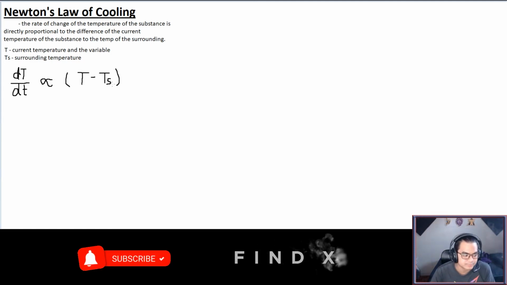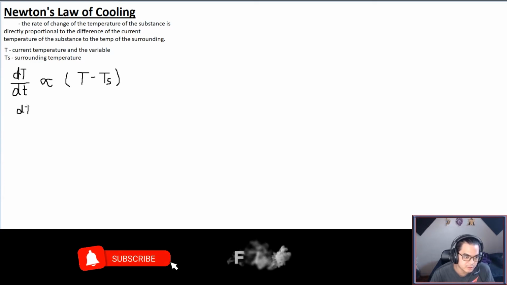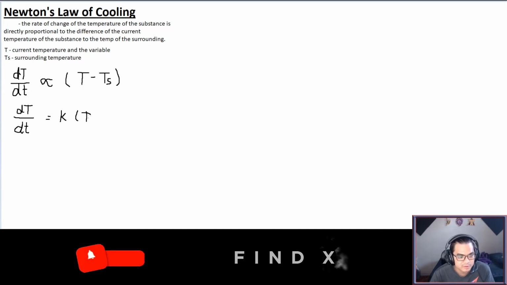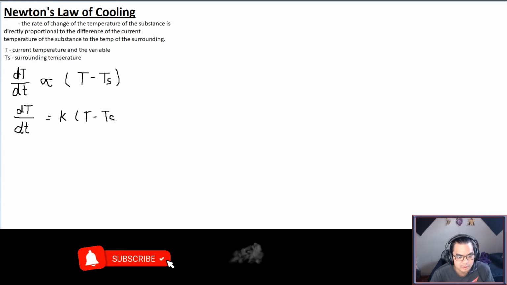Now, applying this proportionality sign, you'll have here dT all over dt with respect to time. This will be equal to what? We will add here k, the proportionality constant, times T minus Ts. There you go.